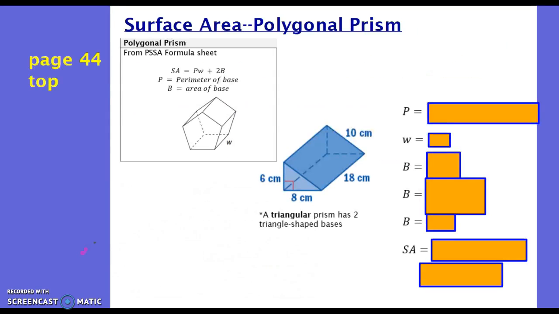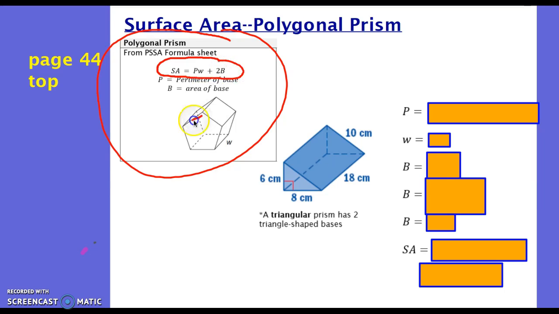So we have the formula here, and this is the formula that will be on your PSSA sheet. It says that to find the surface area of a polygonal prism, which means with any shape of base, not necessarily just a triangle, but it could be a pentagon, a hexagon, an octagon, the formula is we're going to find the perimeter of the base, which is the distance going around the outside of the shape.